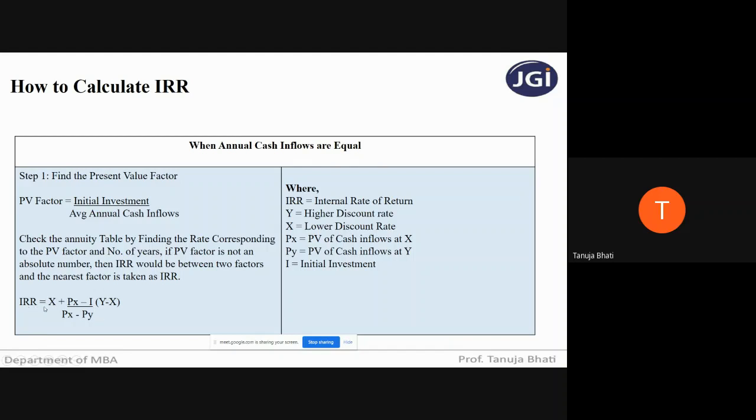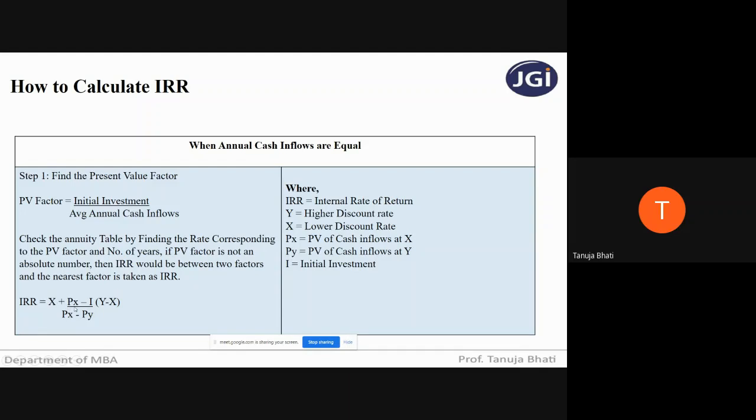So IRR is equal to X plus, in brackets, PX minus I divided by PX minus PY, times Y minus X. Now X is your lower discount rate. So just now what I showed you, suppose 8% and 9%, your PV factor is lying between those two factors. So your lower discount rate will be 8%, plus PX.